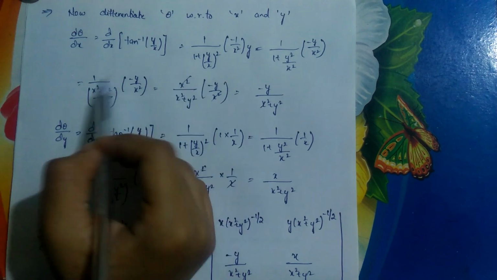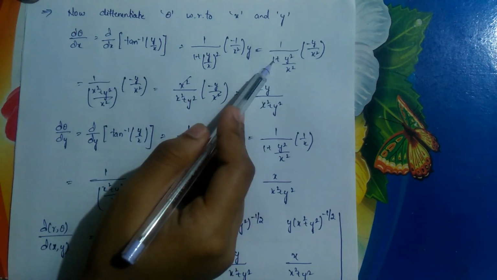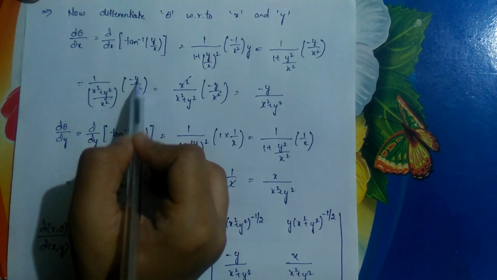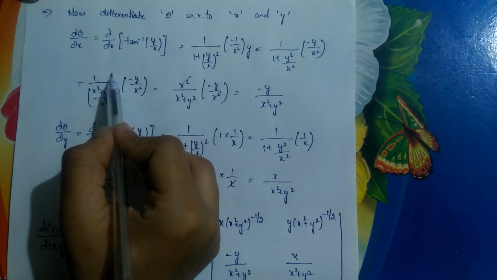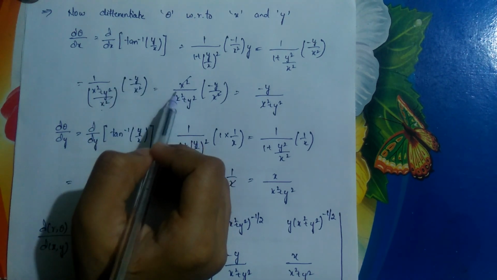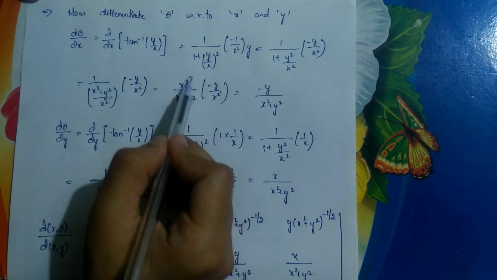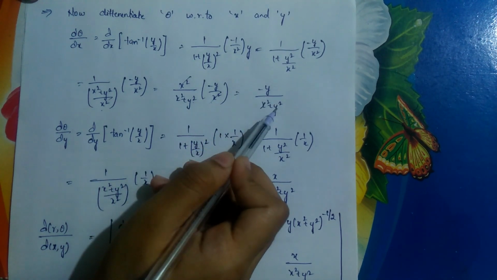Then that equals 1 by, taking LCM here, 1 into x square, that is x square plus y square by x square, into minus y by x square. Then this x square goes into the numerator and it becomes x square by x square plus y square into minus y by x square. Then x square gets cancelled, and we'll get minus y by x square plus y square.